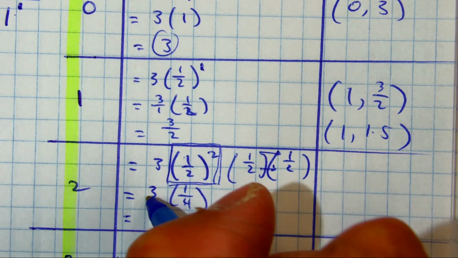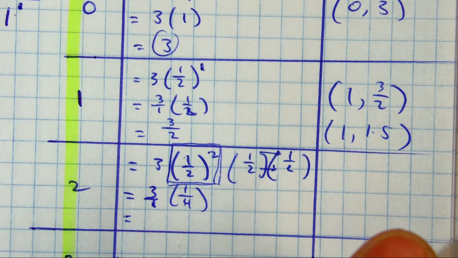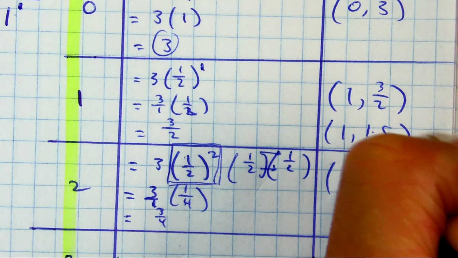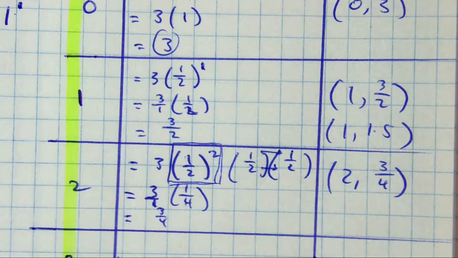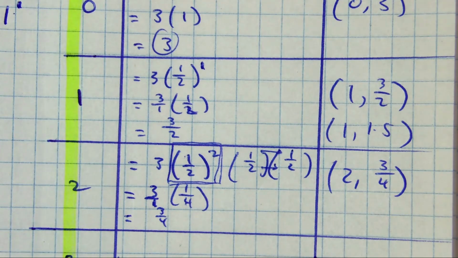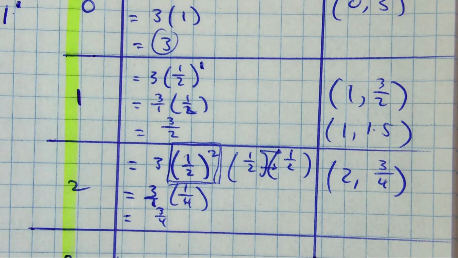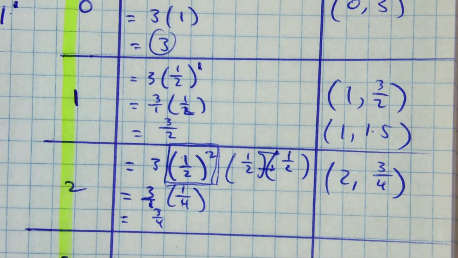Make 3 a fraction, put it over 1, multiply across. 3/4. Class, what do I like better? The reason why I like fractions is because the unit circle next semester is all about fractions. You will get annihilated with not knowing fractions. So that calculator better help you with those fractions.